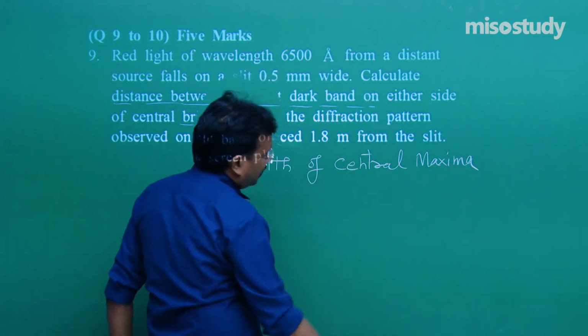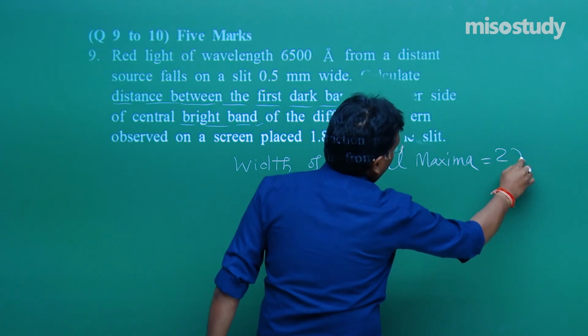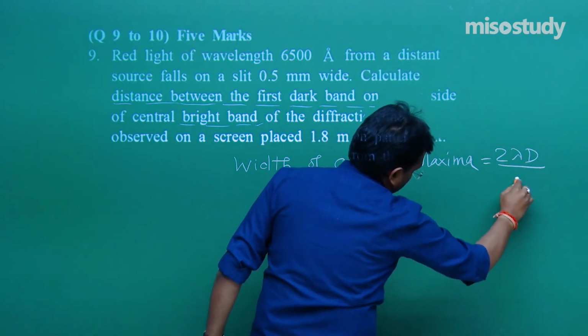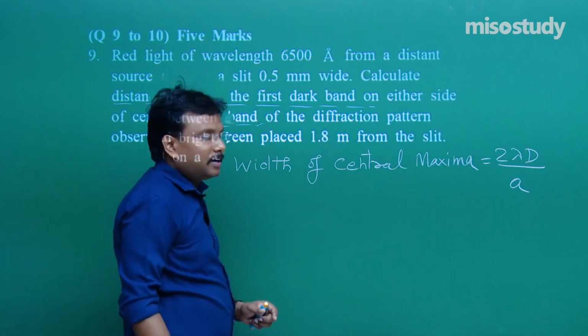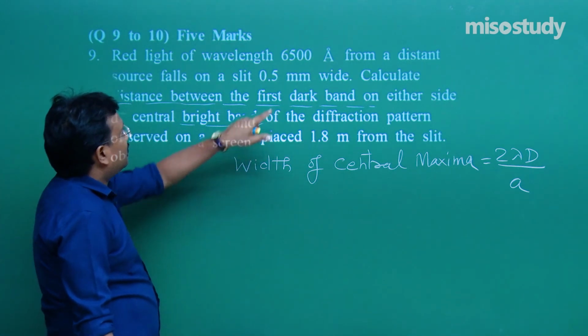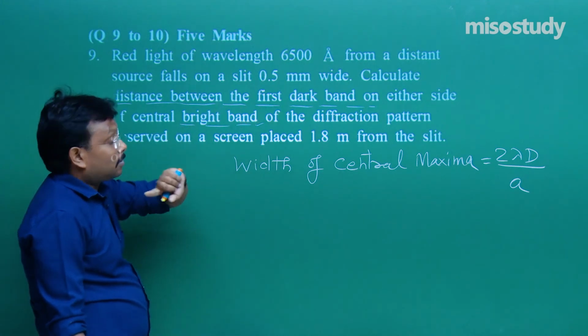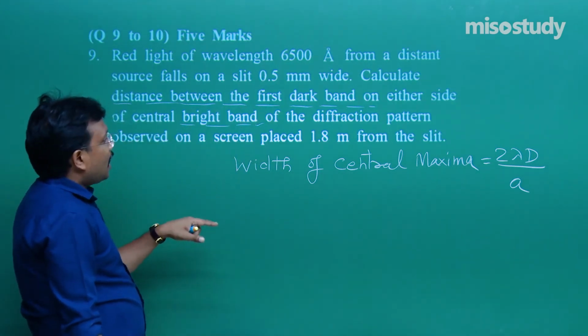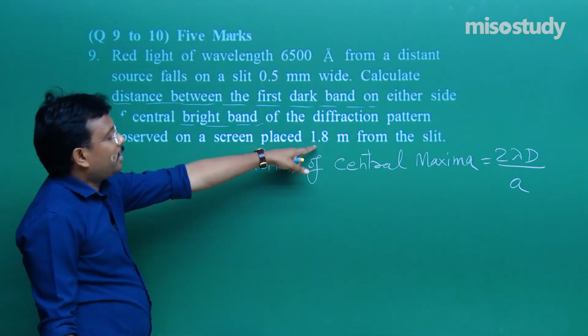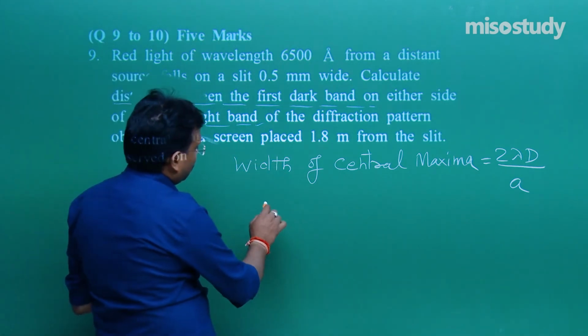Now, the width of central maxima is 2 lambda D upon a, where a is the slit width. Now all values are given, lambda is given, slit width 0.5 mm, convert it in meters, and this D, 1.8 meter, is also given.